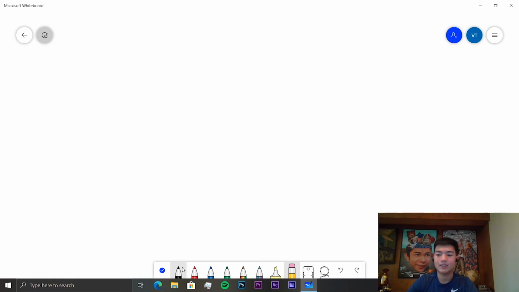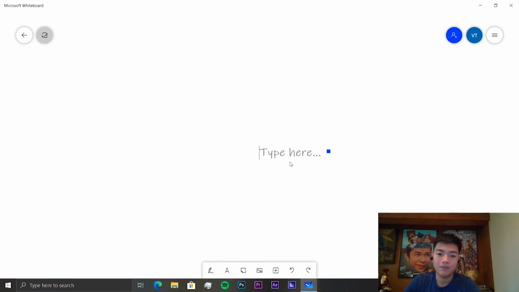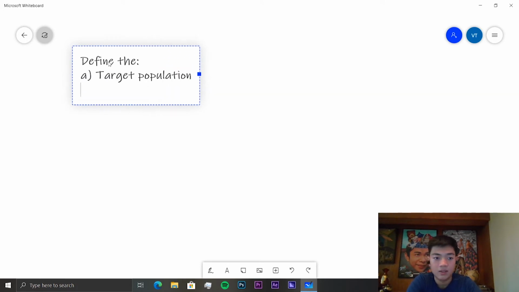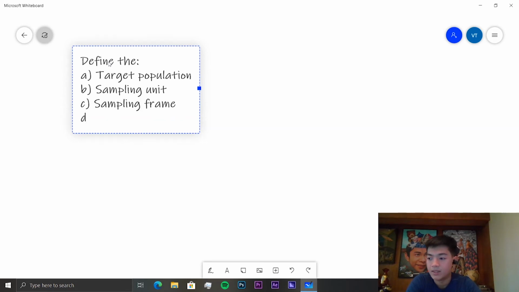So what we need to do is define the target population, the sampling unit, the sampling frame, the sampling variable, and finally, the sampling value.